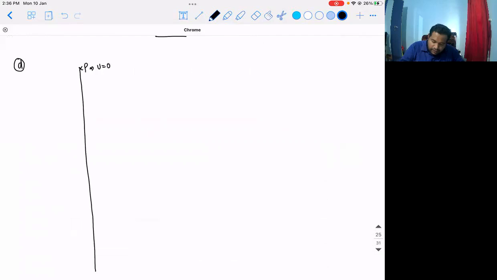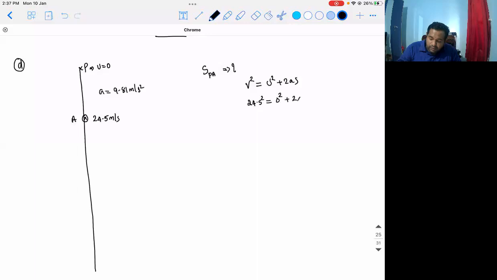Initial velocity is 0. It reaches point A, where the speed is 24.5 meters per second and the acceleration is 9.81 meters per second squared. Therefore, is it possible to calculate the distance between P and A? How? V squared is equal to U squared plus 2aS. So 24.5 squared is equal to 0 squared plus 2 times 9.81 times SPA.